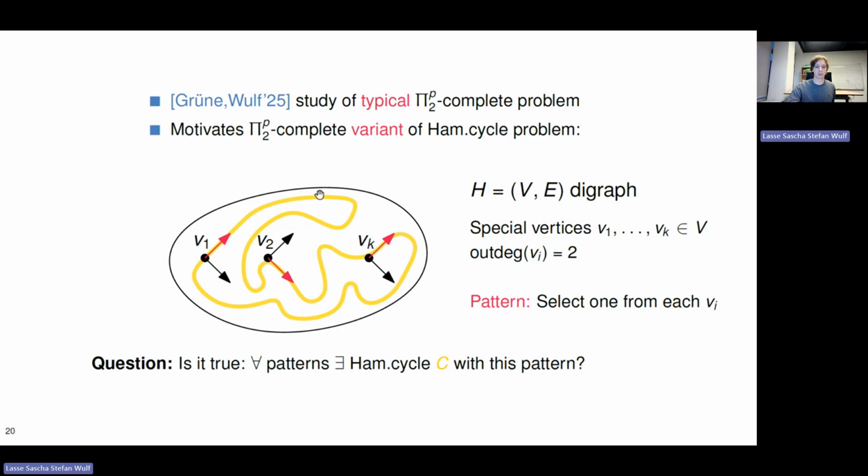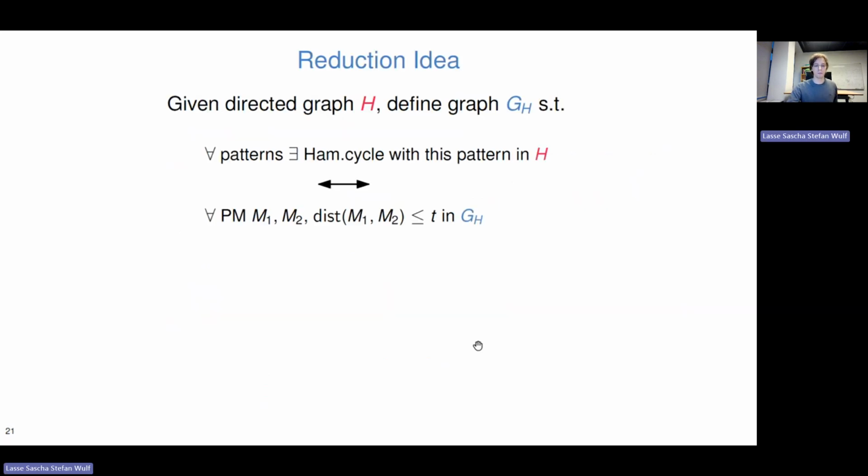And then I can ask the following question: is it true that for all patterns there exists a Hamiltonian cycle with exactly this pattern? Okay, certainly a question you can ask, and based on arguments I had in this earlier paper, we showed that this variant of the Hamiltonian cycle problem is complete for the second level of the polynomial hierarchy.